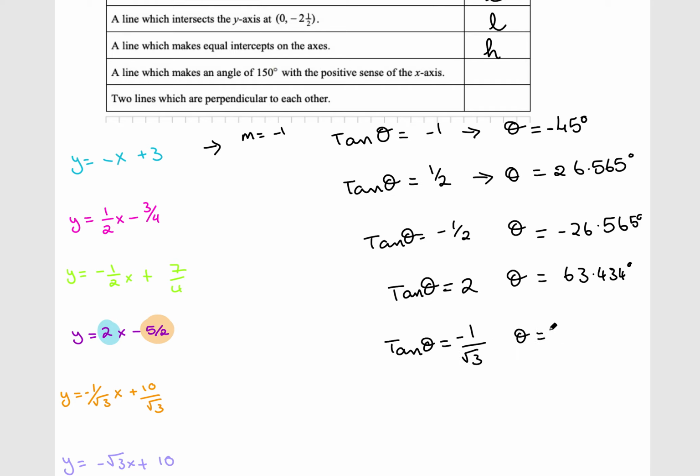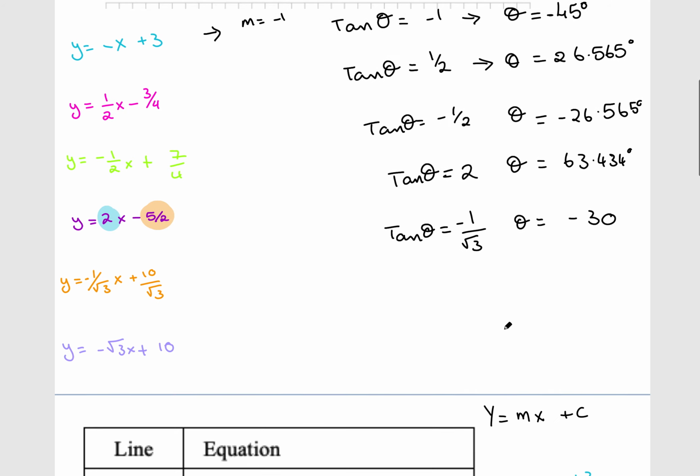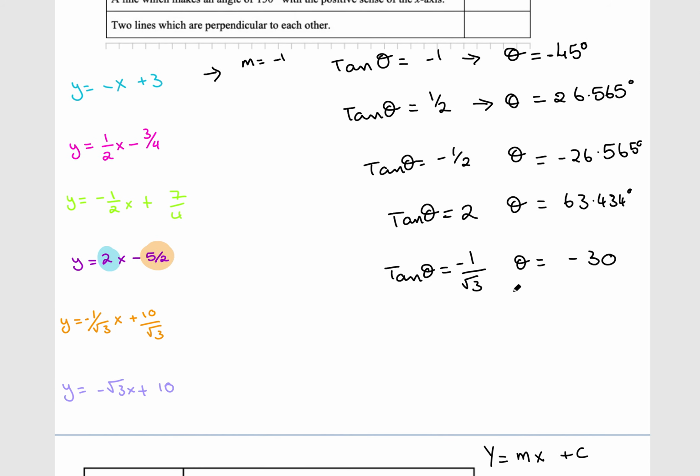So the angle is equal to tan inverse of -1 over √3, and we get -30. And in the last instance, tan theta is equal to -√3, so theta is equal to tan inverse of -√3, which gives us -60.